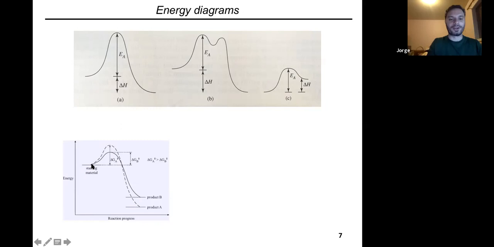So we have our starting point here, and this reaction can go one way and form the product B, or another way represented here by the dashed line and form the product A. So my question for you is, which product, A or B, is the faster to achieve?